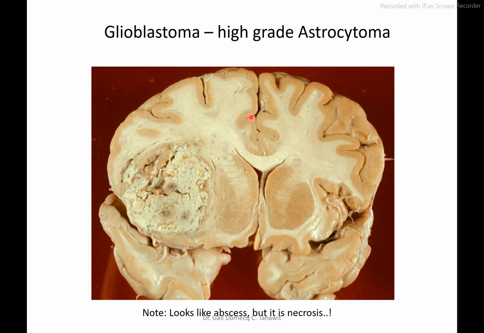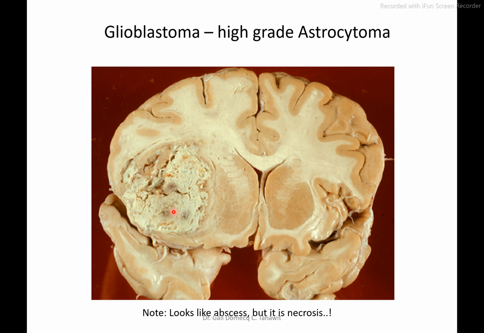Another patient with a GBM, okay, nakikita nyo itong area ito, yung parang cheese-like area, that's a necrotic area. That's a GBM. So one of the differential is TB of the brain, CNS TB. Okay?